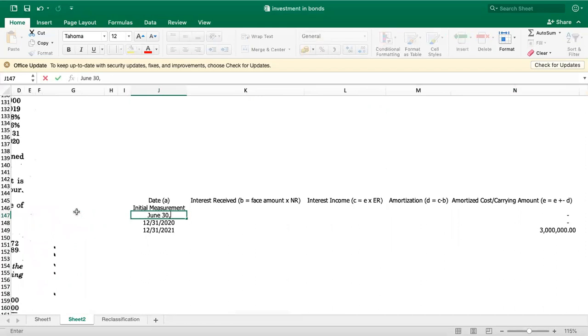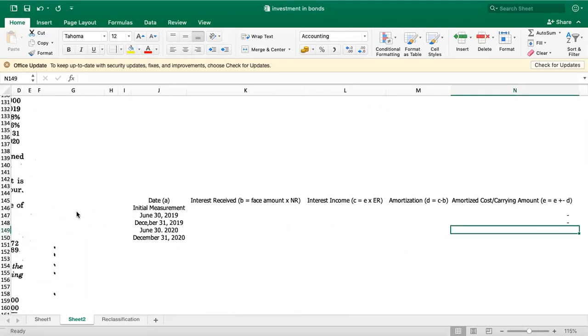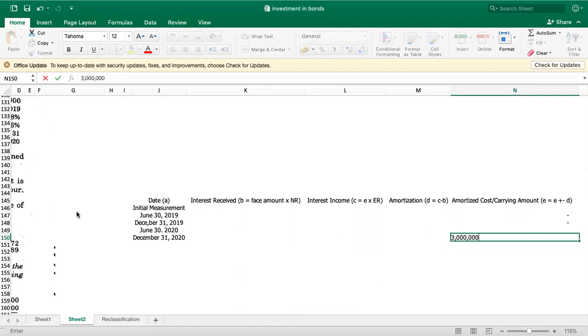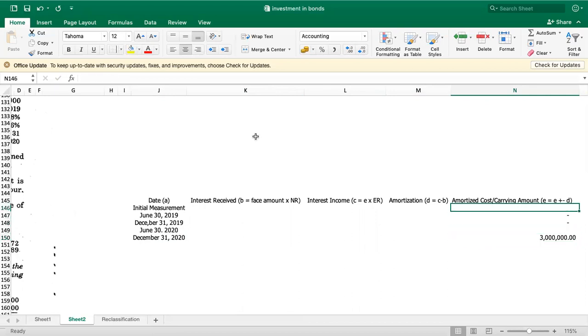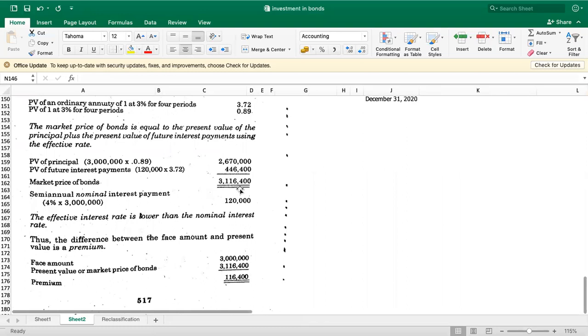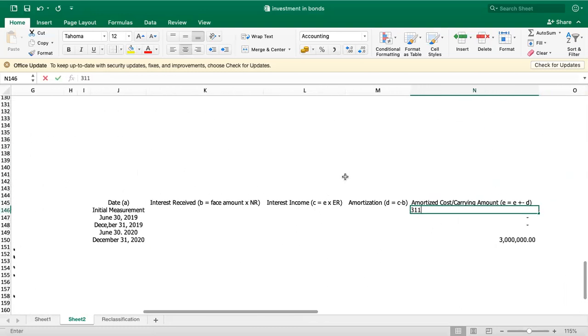So ito yung amortization natin, December 31, 2019, June 30, 2020, December 2020. 4 periods yan. So yung goal natin dito, since term bonds to, umabot siya ng 3 million at the date of maturity. Okay. So initial measurement natin, magkano yun? That's 3,116,400.